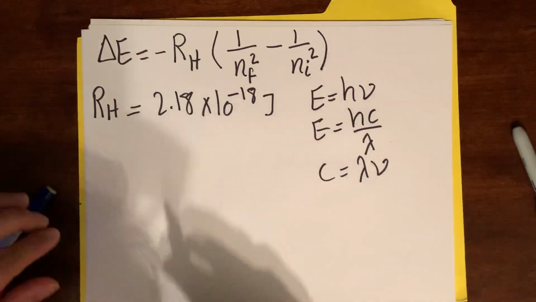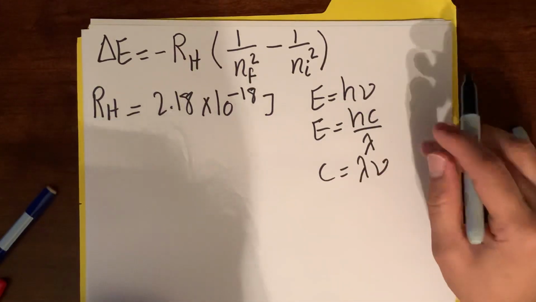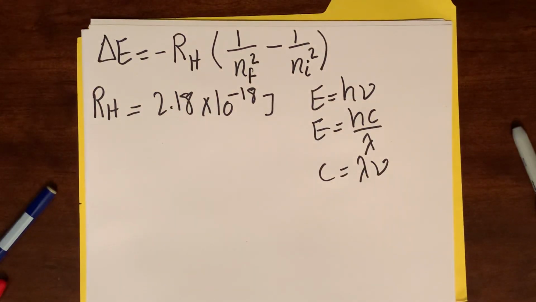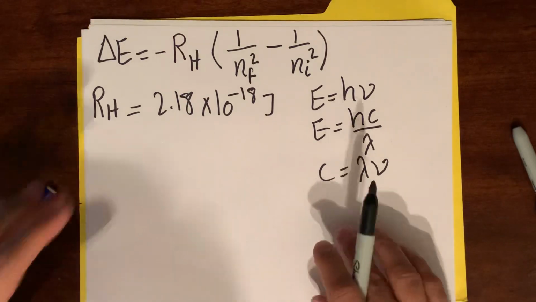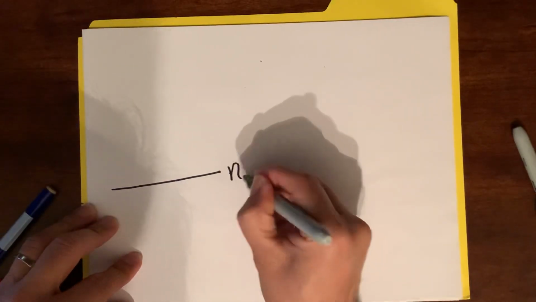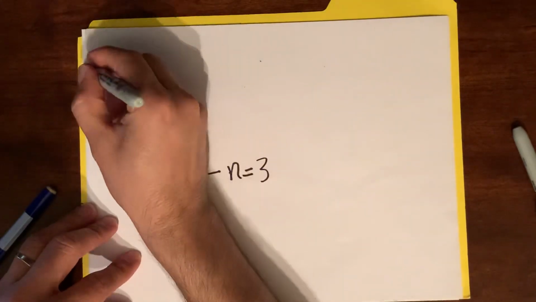Okay. Before I jump in and do the calculation, I need to talk about absorption versus emission. Let's say we have one electron that's sitting in n equal 3.